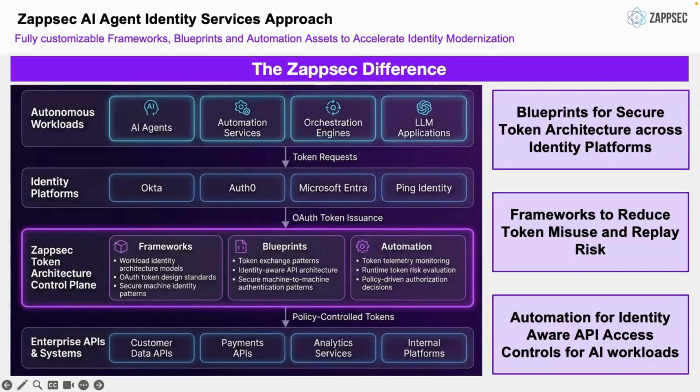So instead of every team reinventing machine identity governance, the organization gets a consistent identity control plane across agents, APIs, and services. Exactly. And the result is faster implementation, reduced custom engineering, and consistent policy enforcement across AI workloads and enterprise APIs. That's how organizations move from experimental AI access to identity governed autonomous systems operating safely at scale.